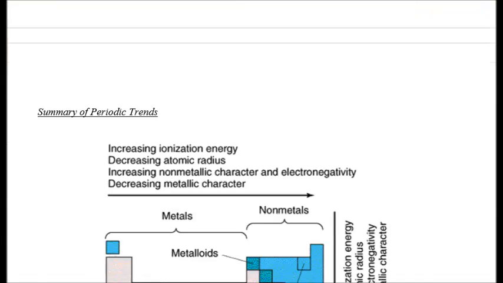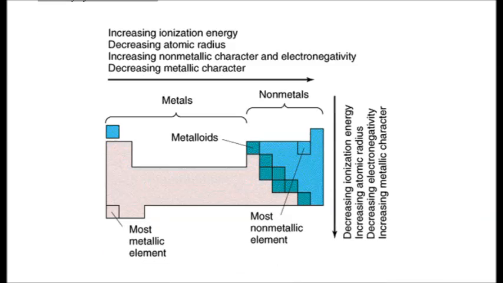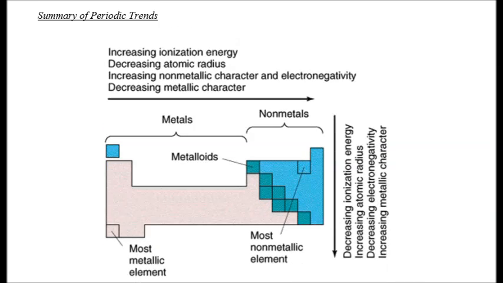And then we get to our page of trends, and we see that as we go across a period to the right, we increase in ionization energy, we increase in electronegativity. Those two trends are always the same.